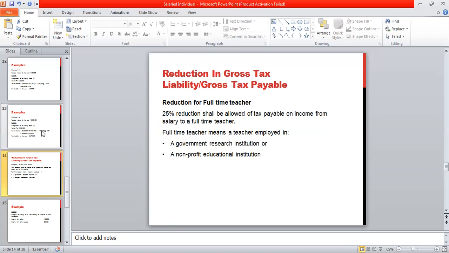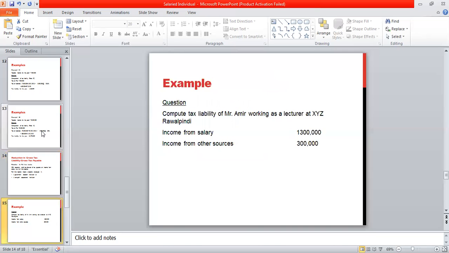So a full-time teacher means a person employed purely for teaching and not performing any administrative or managerial jobs, for example principals, headmasters, directors, chancellors, etc. Now I'm going to explain how you can calculate tax liability.